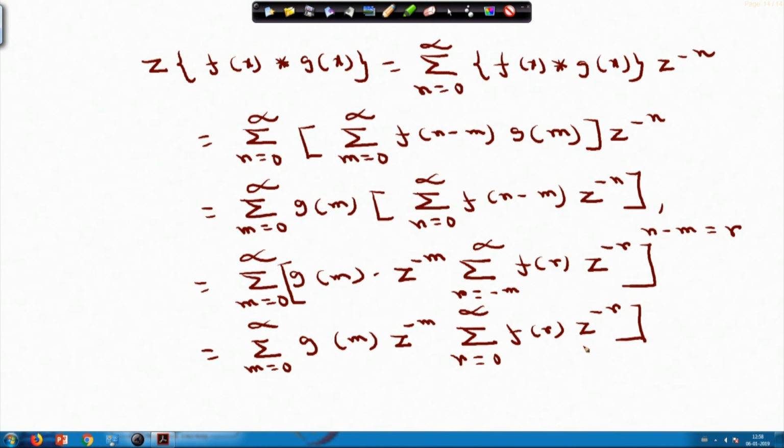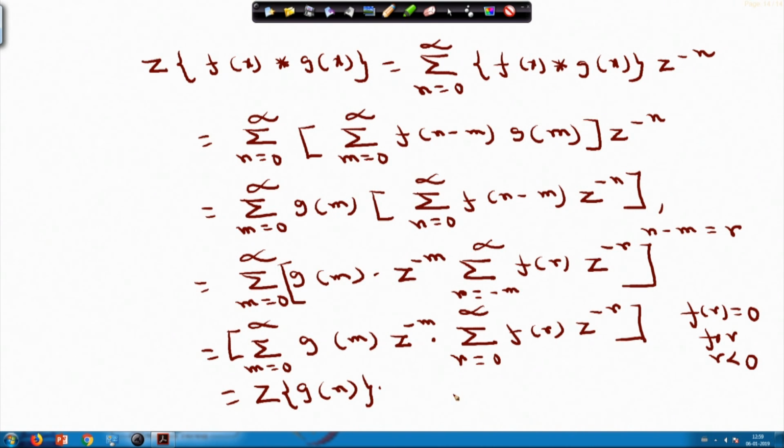Please note that f r is 0 for r less than 0. Since f r is 0 for r less than 0, therefore, r equals minus m to infinity can be replaced by r equals 0 to infinity. So, I can break it into two parts very simply. One is summation m equals 0 to infinity g m into z to the power minus m, which is nothing but the z transform of g n, directly from the definition.